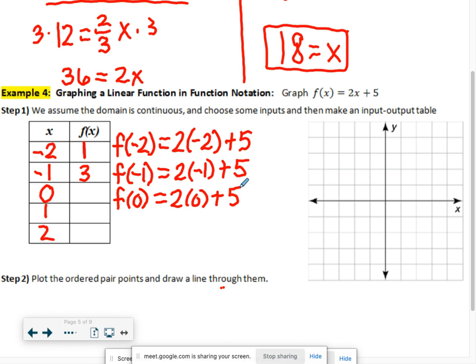Zero plus 5 is just going to give us 5. Yep, that's what I got.